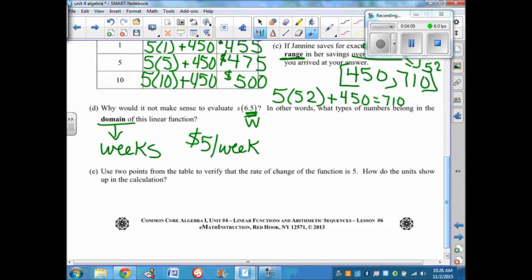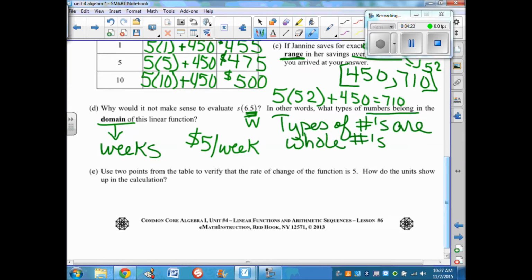So what types of numbers belong in our domain? They're whole numbers, 0 and on up. We don't have negative weeks, we don't have part of a week, so they're all whole numbers.